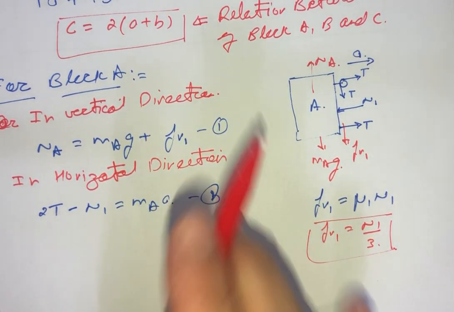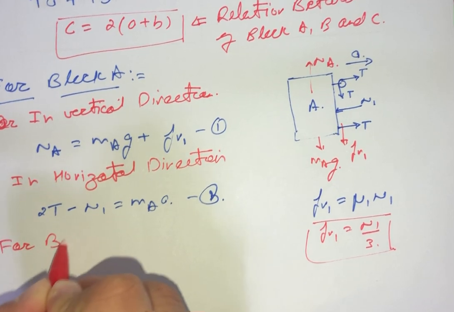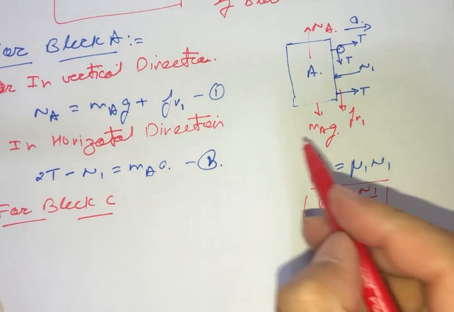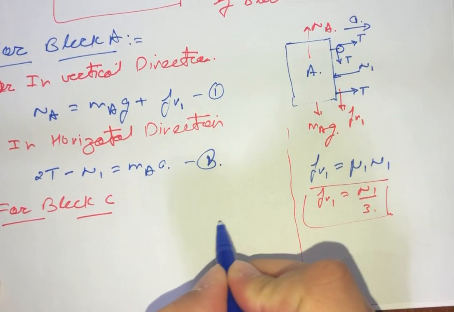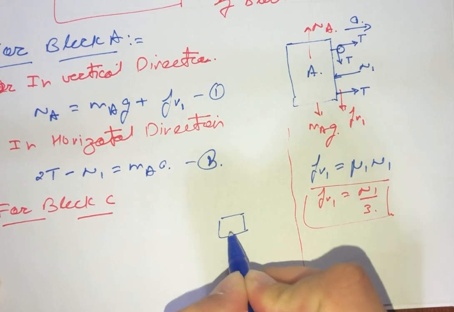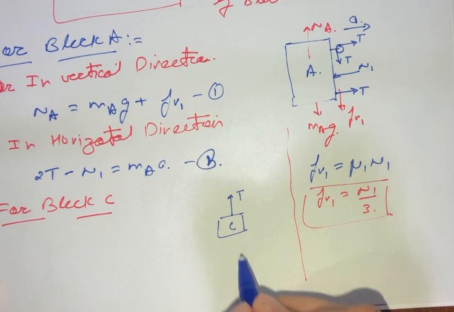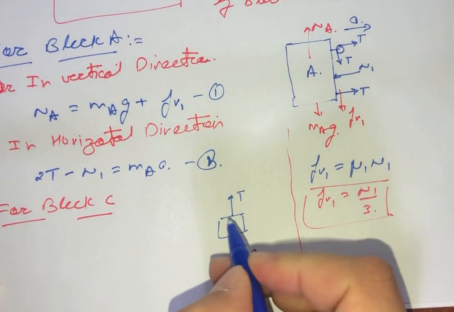Let us do it for block C. For block C, we can draw its block diagram. There will be tension in the upward direction, and we have MCG in the downward direction.